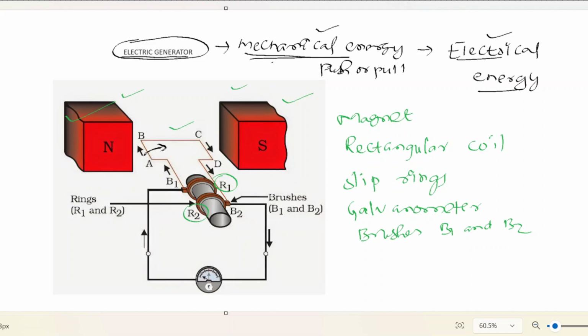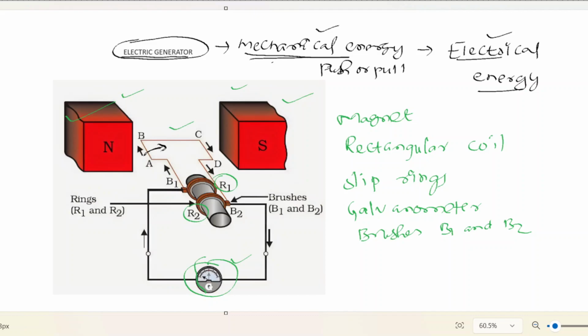B1 and B2 are brushes, which we use to make the connection. B1 and B2 are connected to the external circuit, and in the external circuit we have a galvanometer. This is a diagram of the galvanometer. We need to understand how this generation of electricity works.